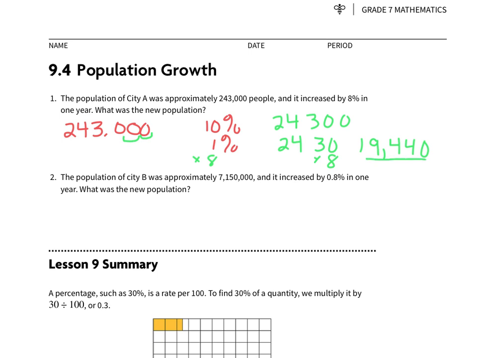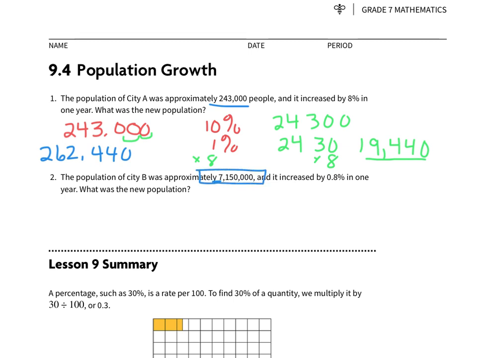That's how much the population increased by. But what I want to do is add that on to the original amount of 243,000. I get a total of 262,440 people.